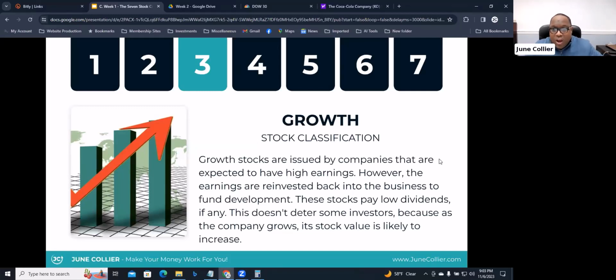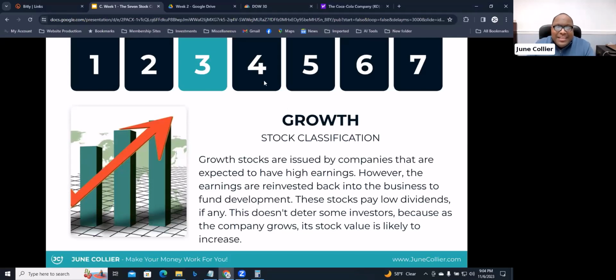Coca-Cola has expanded all over the world, and it really has nothing else to do, no other places to grow, because you can buy a Coke anywhere. So whenever we start populating Mars and Coca-Cola goes to Mars, then we might see them as a growth company. But here's some companies that I thought were pretty interesting that are also blue chip companies.